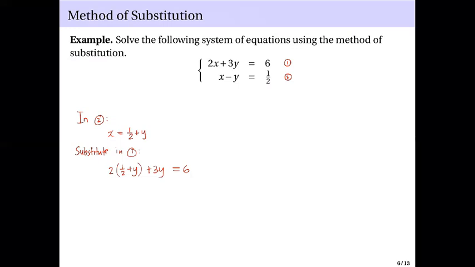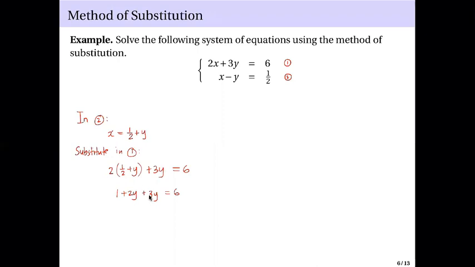Okay? And then we just simplify. So notice you only have one variable here, the variable y. If we distribute the 2 in this parenthesis, you will get 1 plus 2y. And then you have your 3y here, so plus 3y, and this is equal to 6. Then we simplify everything.